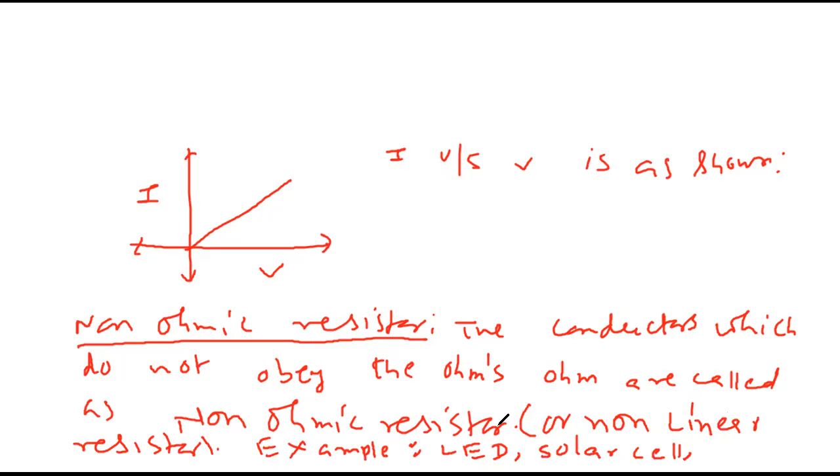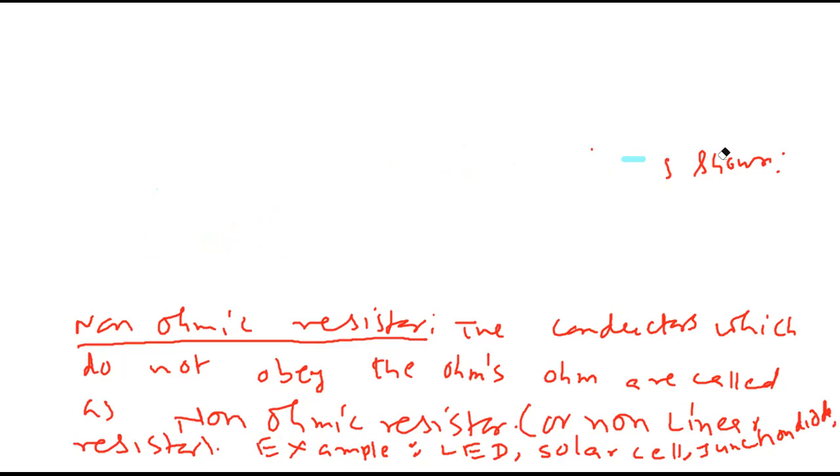You are going to study this in 11th and 12th science: light emitting diode LED, solar cell, junction diode, transistor. Again, a transistor is two junction diodes joined together.